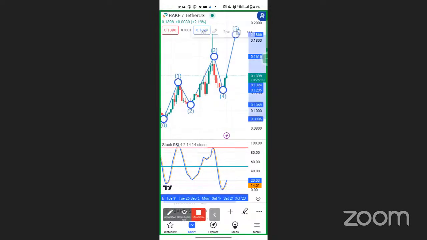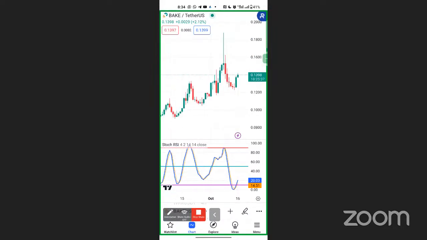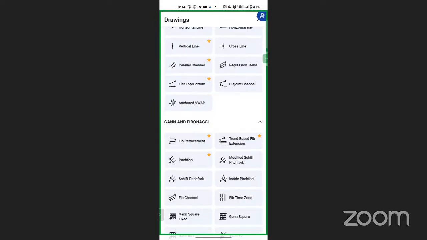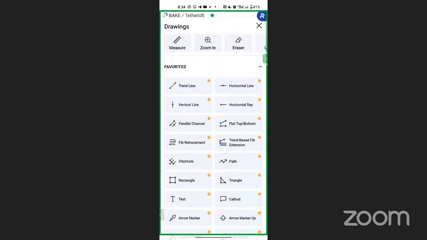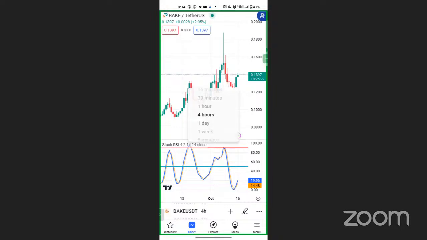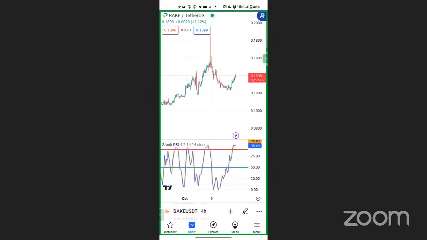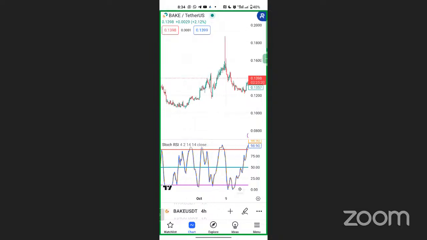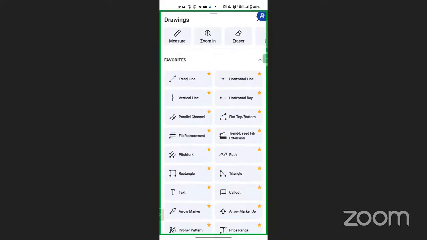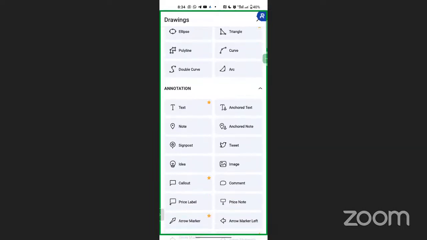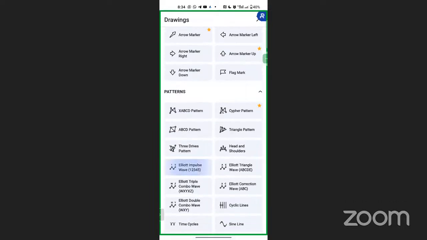Maybe you could have a different start over. Let's see. Let's change the time frame, maybe 4 hours. And we see. So we use support and resistance. Tomorrow will also apply this.